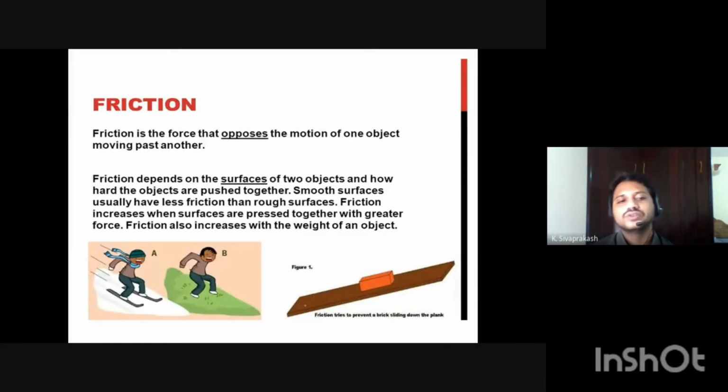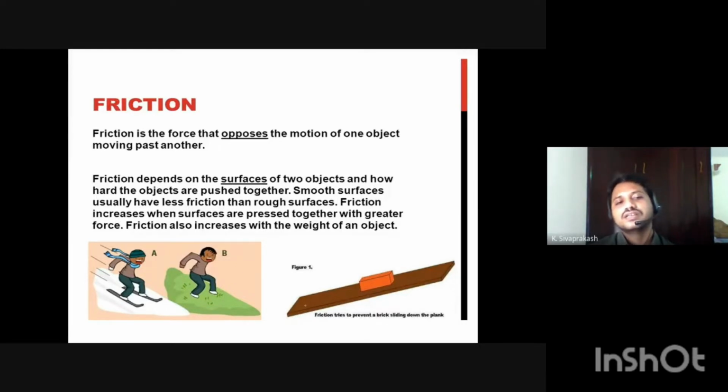I told you already that friction mainly depends on the surface of the object. If the surface is smooth, the friction force is very less. If the surface is hard, meaning there are more irregularities, then the friction force is more. When two surfaces are pressed together, it also gives greater force.